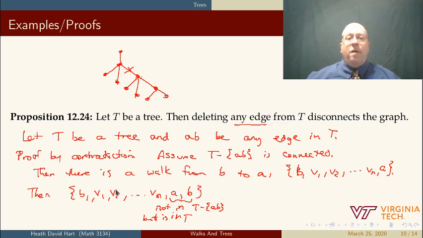And if this is a walk from B that comes back to B, this graph is a circuit. Okay? And if every walk contains a path, every circuit contains a cycle.